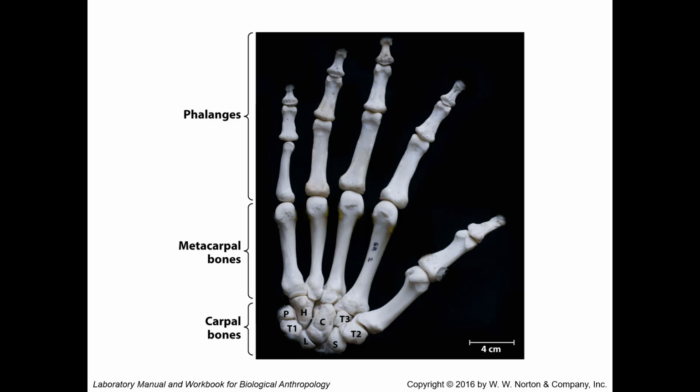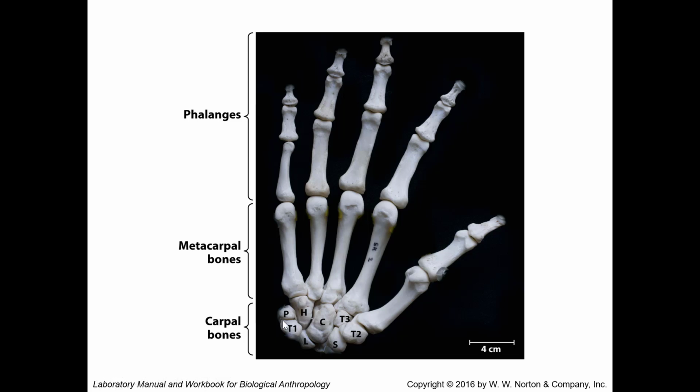We're going to go to a picture here so you can see them. They're positioned in 2 rows with 4 bones in each row. The proximal row from lateral to medial is the scaphoid, the lunate, the triquetrum, and the pisiform.